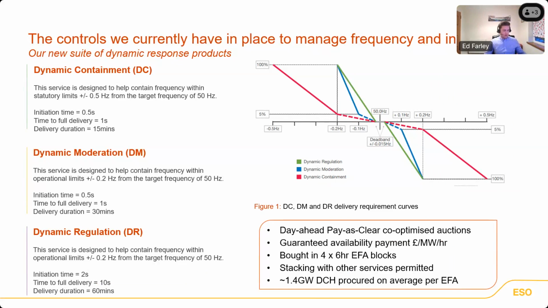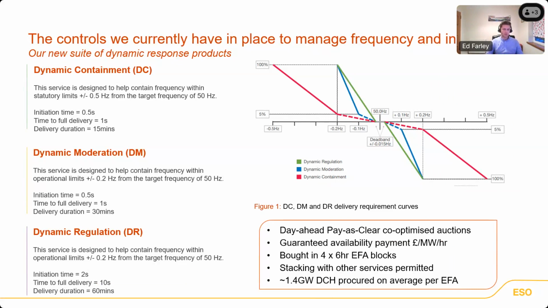The other part of frequency and inertia policy, ancillary service risk appetite that I wanted to mention is our new suite of dynamic frequency response products. So as many of you will be aware, there is an intrinsic link between inertia and system frequency.